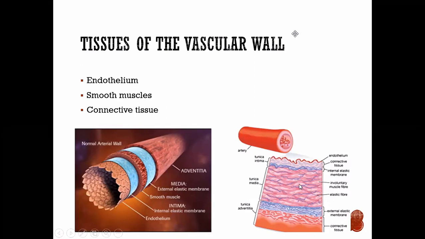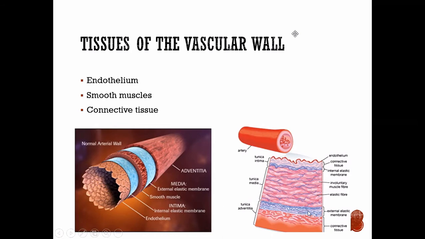And then you have the muscle fibers. Since this is the blood vessel, this of course is involuntary. And then you have your tunica intima first, then the tunica media and the tunica adventitia.